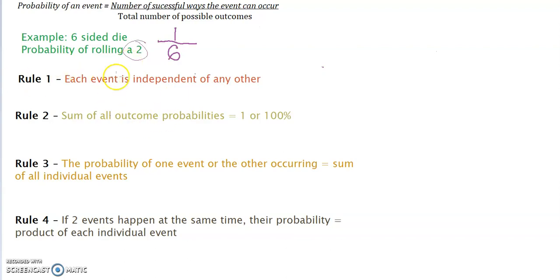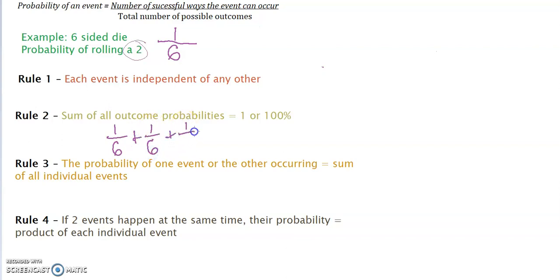The second rule is that the sum of all the outcomes has to equal 1, or 100%. All of the probabilities of rolling each side must equal 100%. If you roll a 1, the chance is 1 out of 6. The chance of rolling a 2 is 1 out of 6.